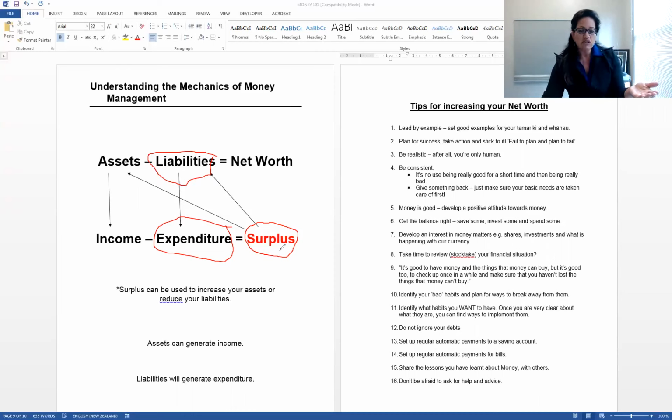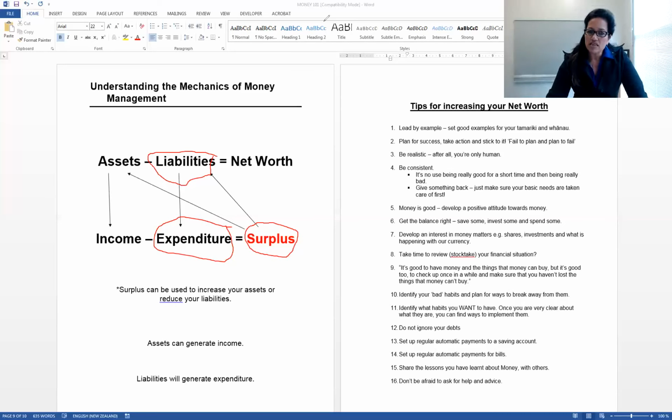But if she uses her surplus to reduce her liabilities, there'll be less expenditure she needs to incur. And again, if you reduce your expenditure, you can increase your surplus, and then you'll have more money to utilise in these two equations.